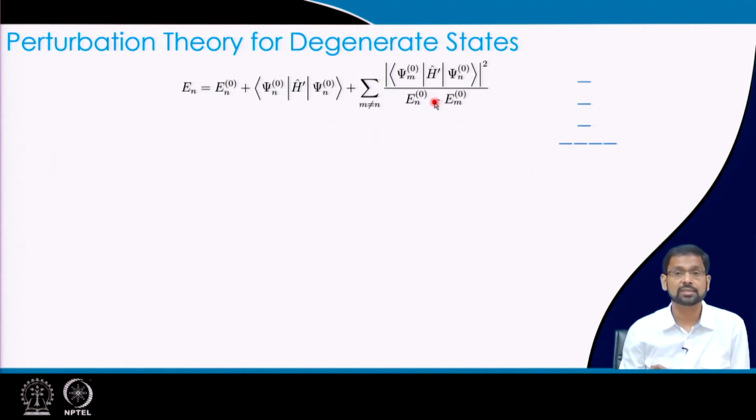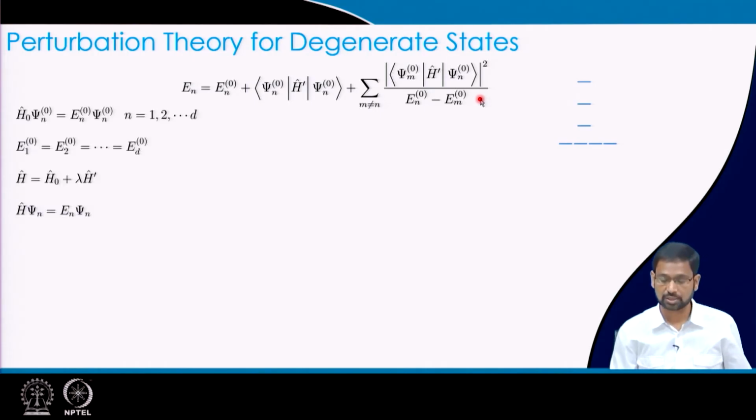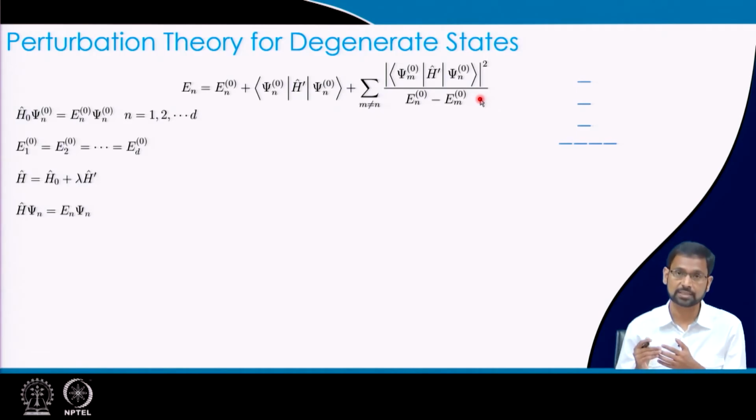This is not only a difficulty in obtaining the correction; there is another fundamental problem if we try to use the perturbation theory that we developed so far for degenerate states. But to point that out, let us go ahead with our discussion. Suppose I have a system where there are d number of states which are degenerate, so I have d-fold degeneracy.